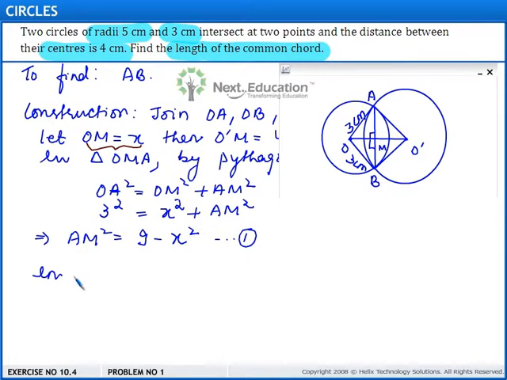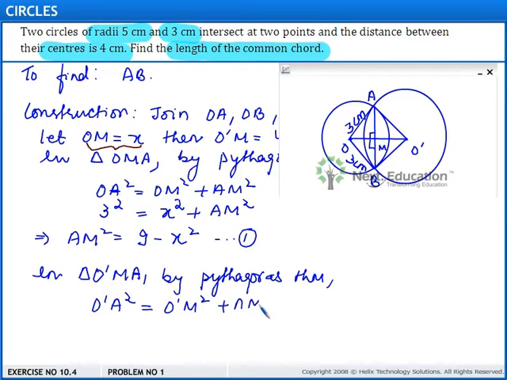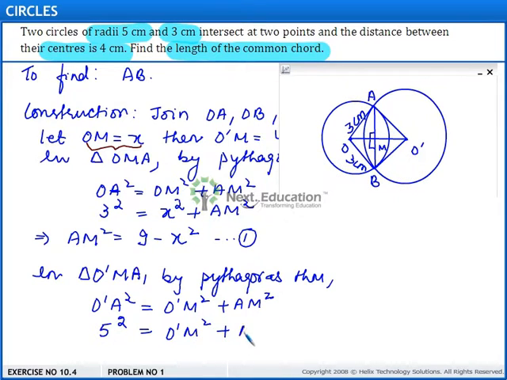Similarly, applying the Pythagoras theorem in triangle O dash MA, we have O dash A square is equal to O dash M square plus AM square. Now O dash A square is 5 square, O dash M square plus AM square.